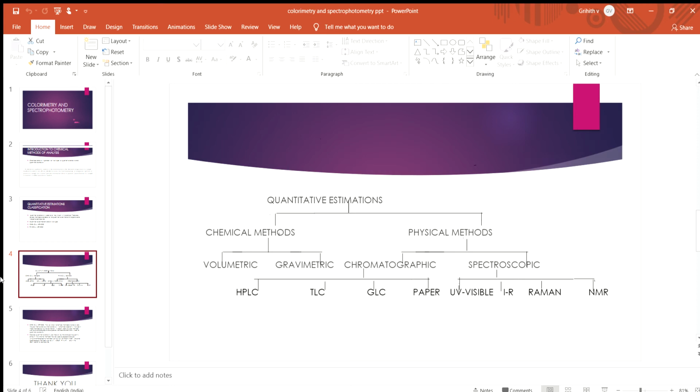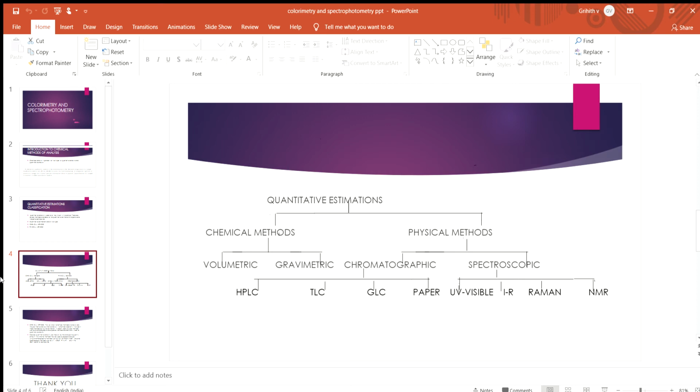In gravimetric methods of analysis, that is under chemical methods itself, a chemical reaction is also involved. In gravimetric methods, the mass of the ion in a pure compound can be determined. In gravimetry, there are different steps involved.